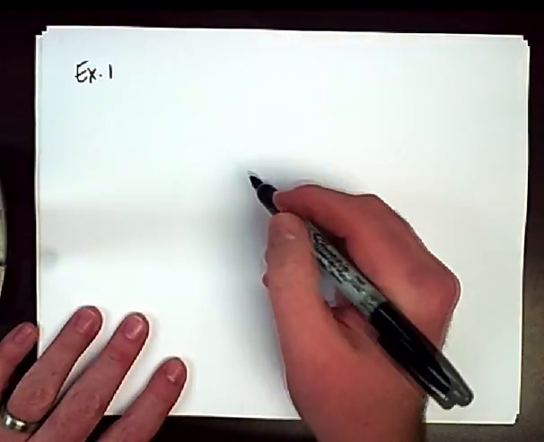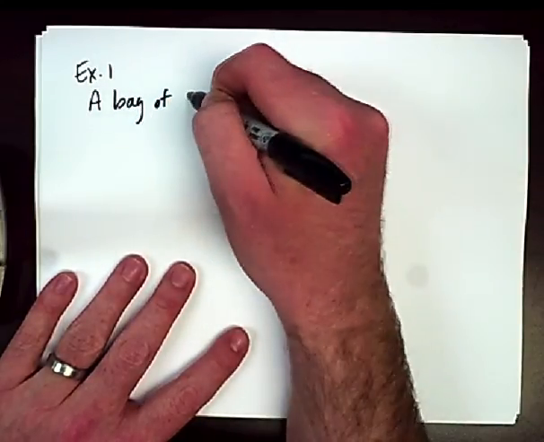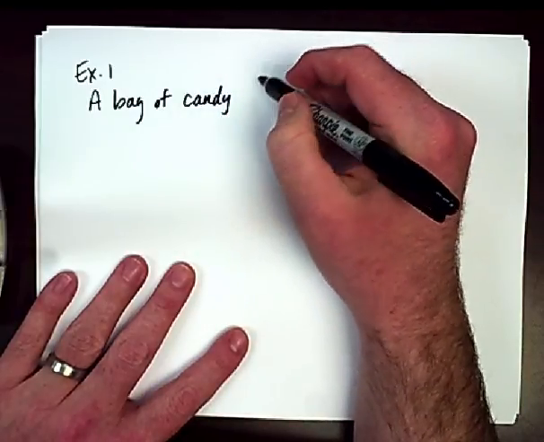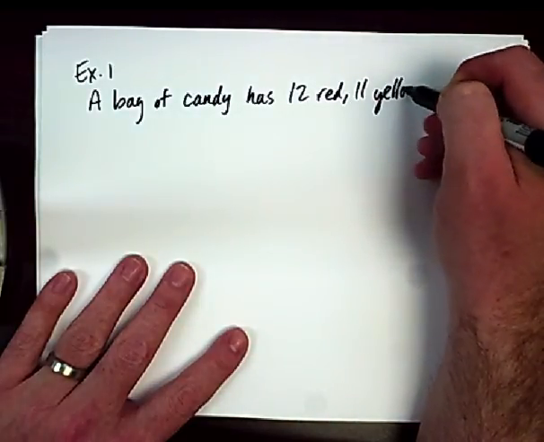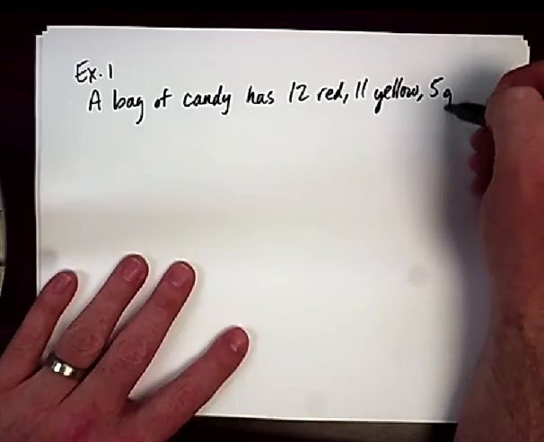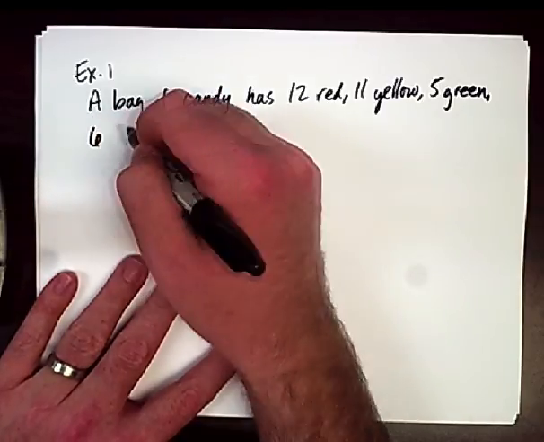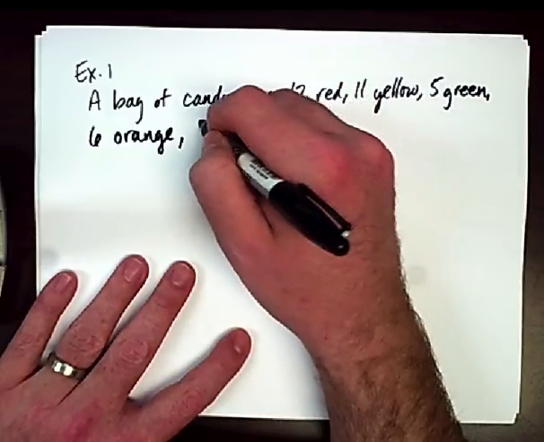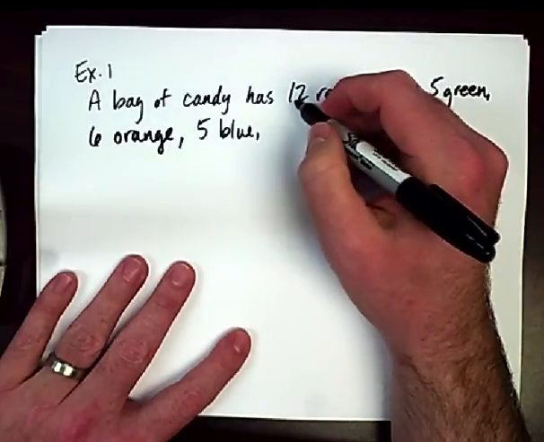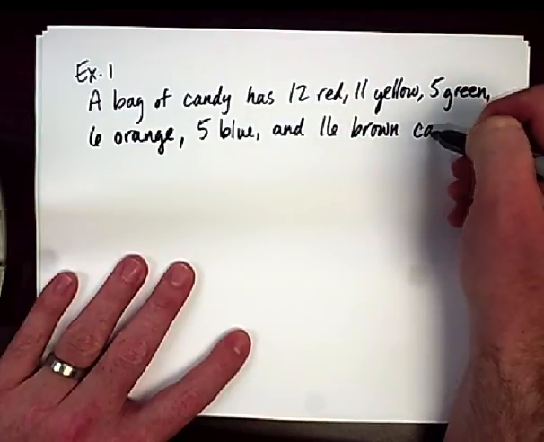Okay, example 1. Says a bag of candy has 12 red, 11 yellow, 5 green, 6 orange, 5 blue, and 16 brown candies.